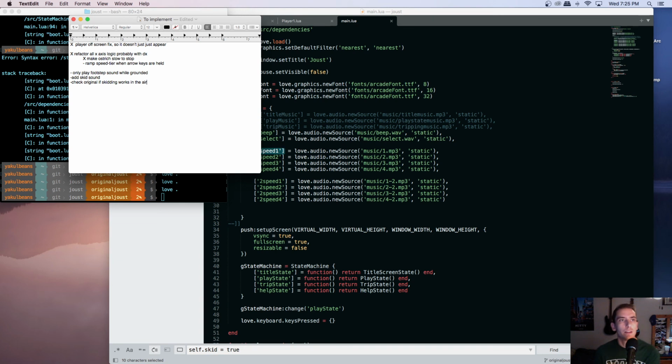Then we can add the skid sound. Next time we'll do a couple of smaller fixes, like the footstep only when grounded, adding the skid sound, and then... Yeah. But hey, that was a big success.